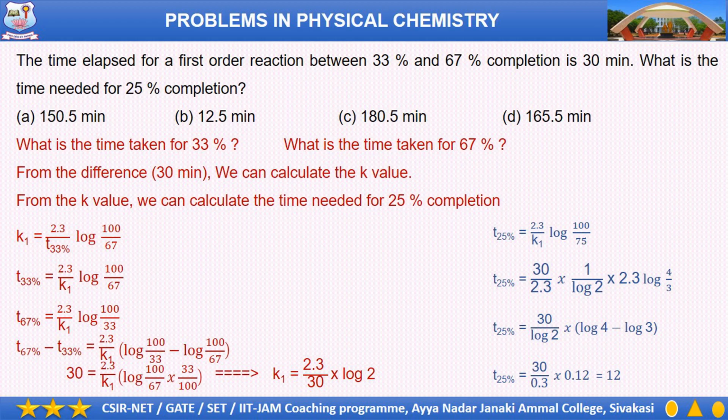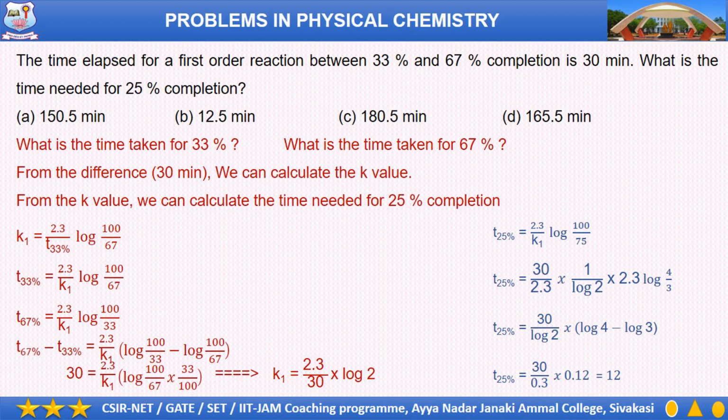It is given that the time elapsed between 67% completion and 33% completion is 30. Therefore, you have to put 2.3 by K1 into log of 100 by 33 minus log of 100 by 67 equal to 30.